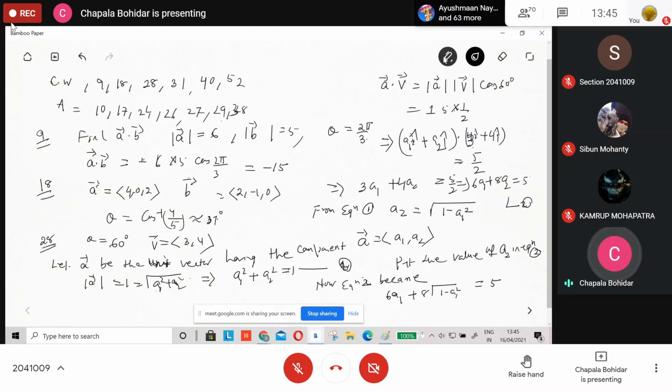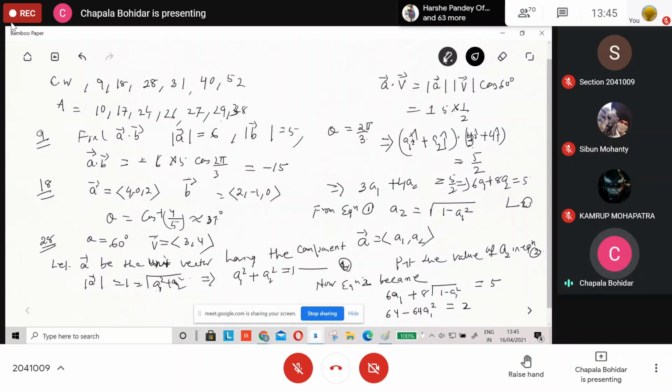Squaring this and taking this side, it is 64 minus 64 a1 square is equal to 25, that is (5 minus 6a1) square.